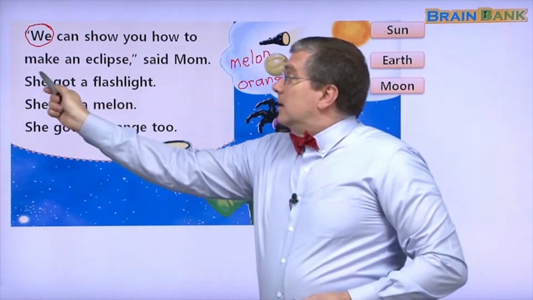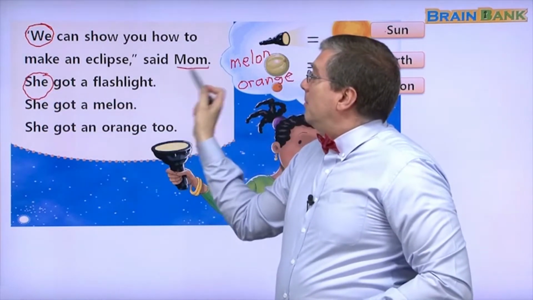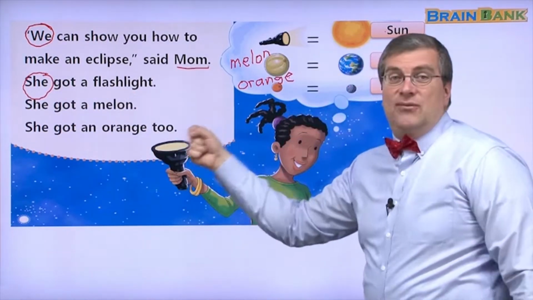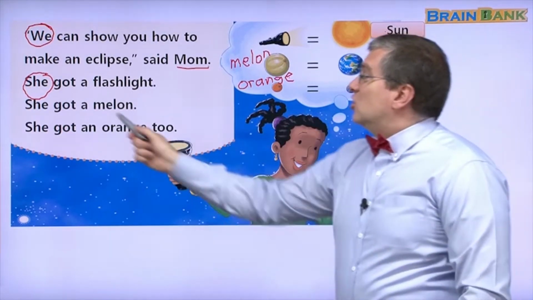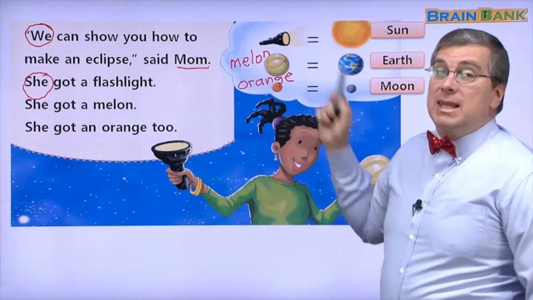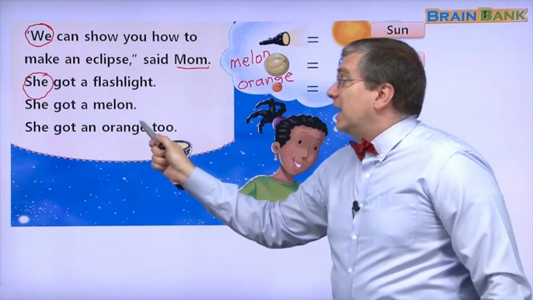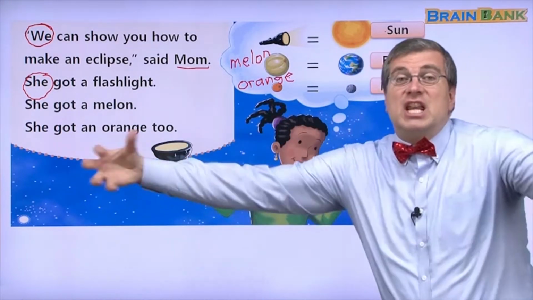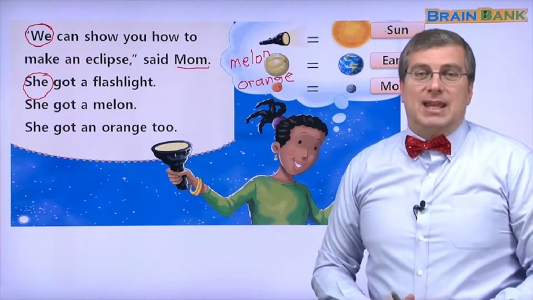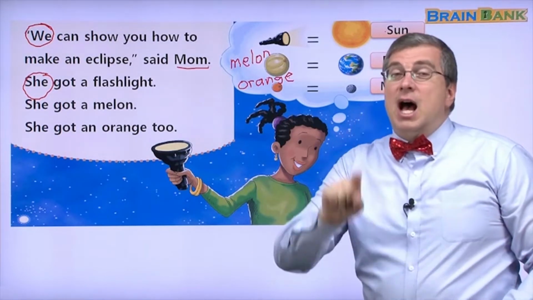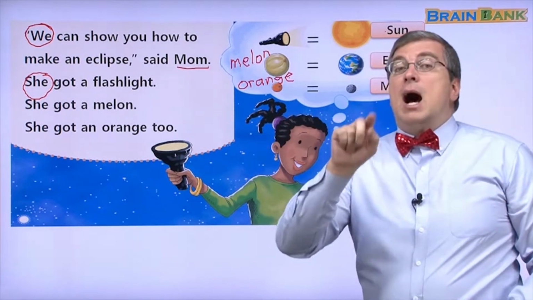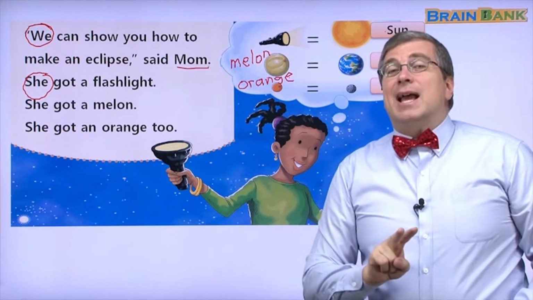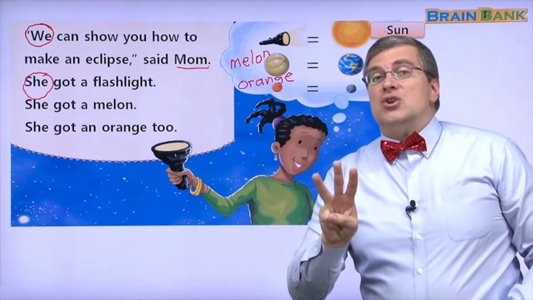She is Mom. She got a flashlight. She got a melon. She got an orange too. Get, right? She got these things. Three things. A flashlight, a melon, and an orange.